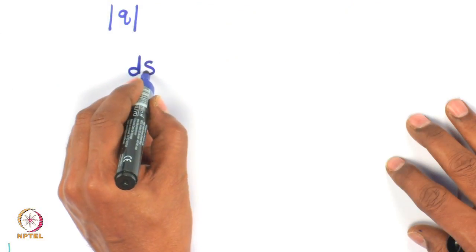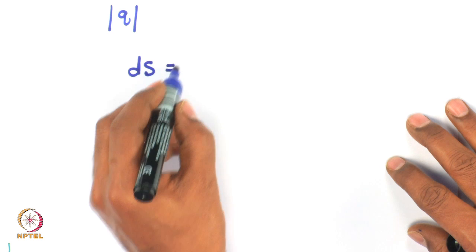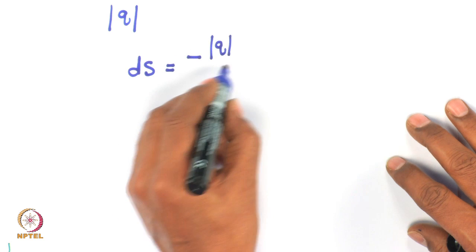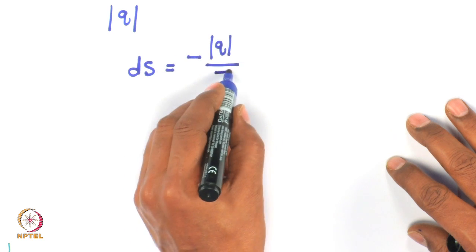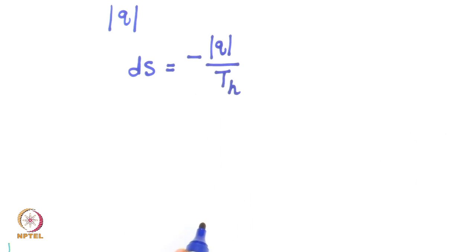So, therefore, entropy change will be equal to minus this much amount of heat divided by Th. Th is the temperature of the hot body.